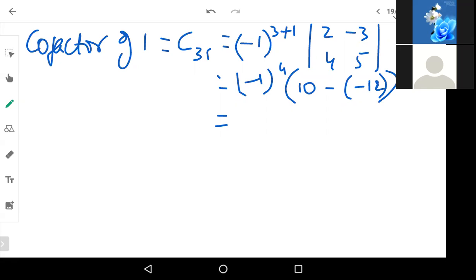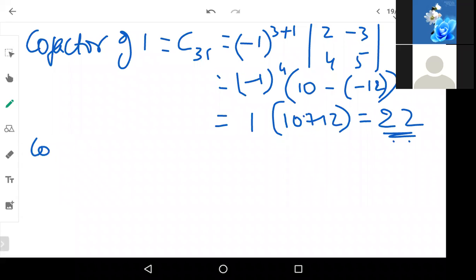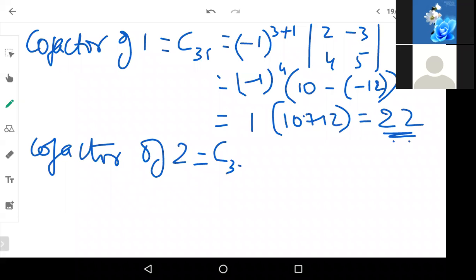Okay. So 1 into 10 plus 12 will be 22. And then cofactor of 2. So third row, second column, minus 1 to the power third row plus second column. And what will be the minor?